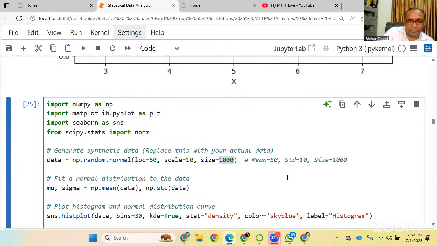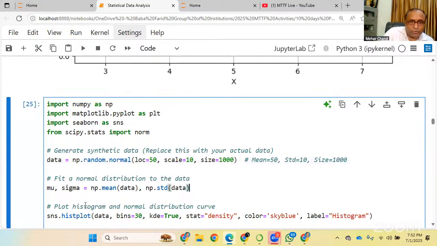And here we have to fit the normal distribution to the data. From the synthetic data which will be generated here, we fit a normal distribution to the data, and we need mu and sigma both.